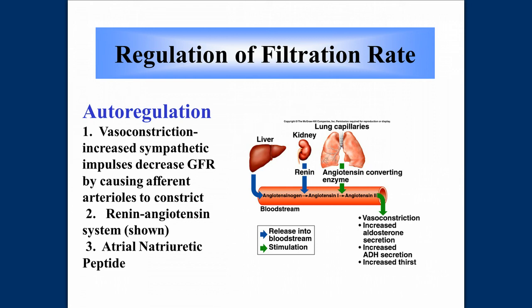A second autoregulation system is the renin-angiotensin system, and that's what's shown here. The liver will produce a hormone called angiotensinogen, okay? And in response, the kidney will secrete a hormone.